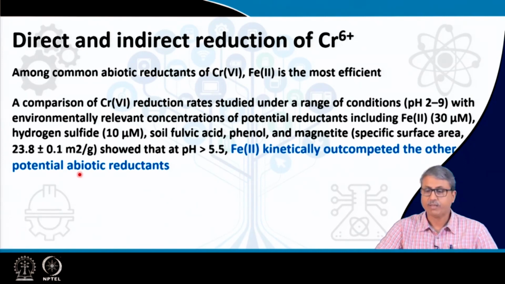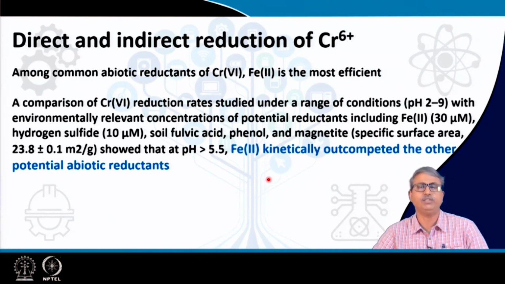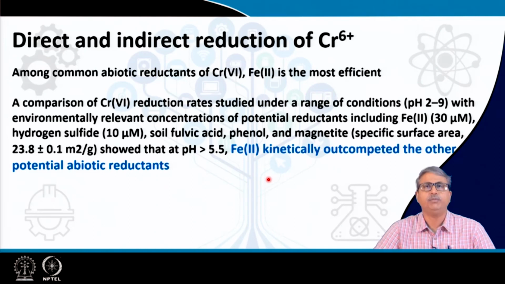For example, under a range of conditions, that is pH 2 to 9, with environmentally relevant concentrations of potential reductants, including Fe2+, hydrogen sulphide, which can be produced very well by reduction of Fe3+ or the sulphate, fulvic acid, phenol, magnetite, etc. In most of these cases, scientists have found that Fe2+, which could be easily produced by reducing Fe3+, is kinetically more efficient, and it kinetically outcompeted the other potential abiotic reductants.